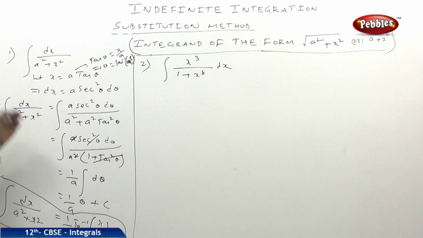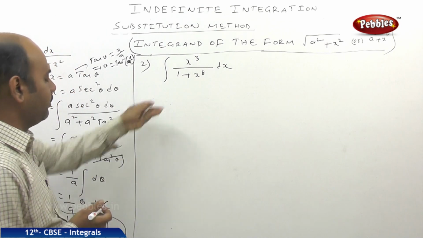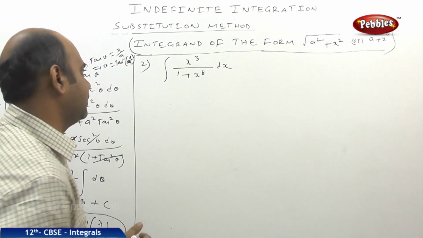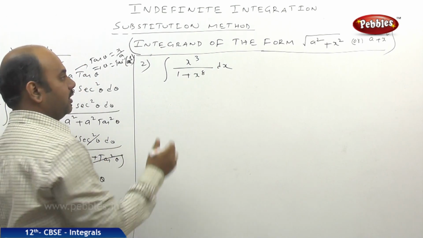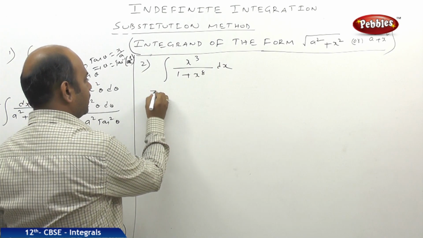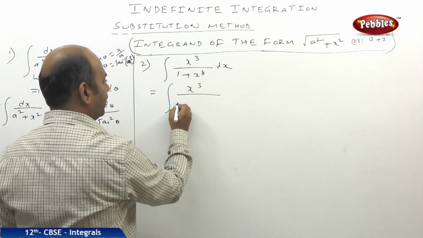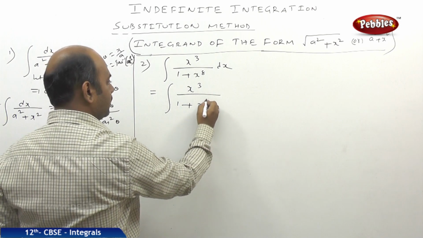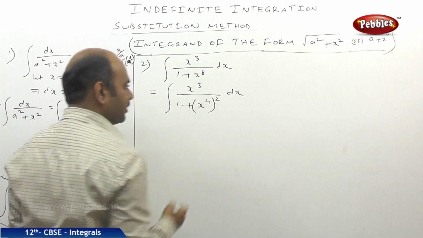Right, I think you followed this problem. Now we shall go for another pattern under the same category, another problem. Integral of x cube by 1 plus x power 8 dx. This I will write as x cube by 1 plus x power 4 whole square dx.